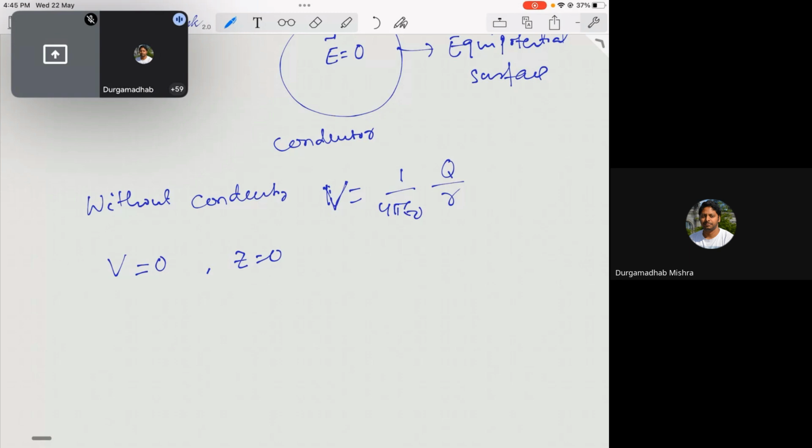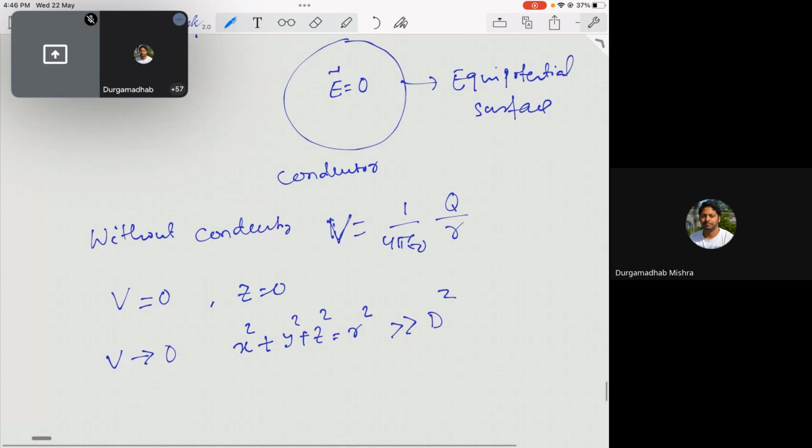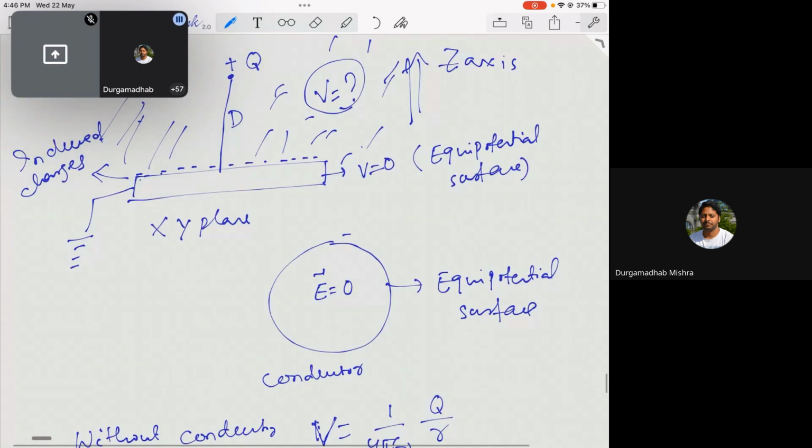Also V will tend to 0, not exactly 0, when this distance, R square, is much greater than D square. What is D here? D is the distance of the charge.